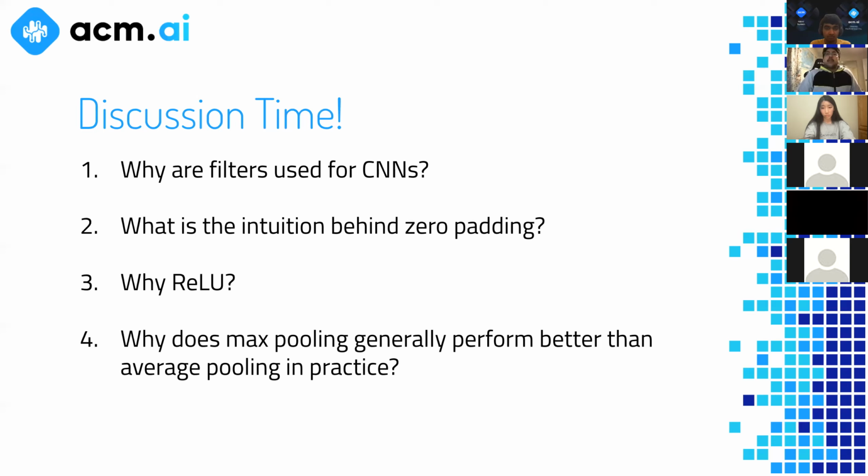And number 4. Why does max pooling generally perform better than average pooling in practice? All right, so Margaret said that max pooling is more decisive. Does anyone have other reasons why?